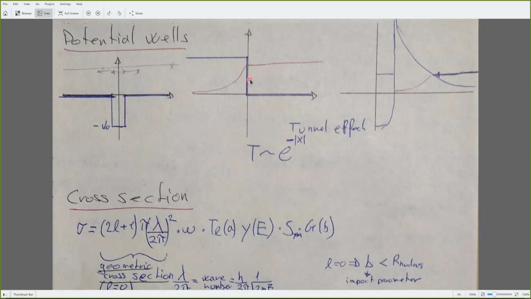Instead, in quantum mechanics, the particle has a probability to go through the barrier. This probability of transmission decreases exponentially with the size. So the bigger this wall, this barrier, the smaller is the transmission, so the probability to find it outside.